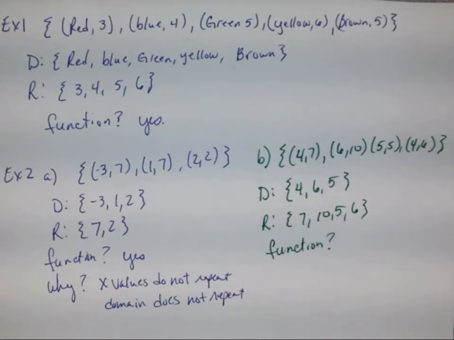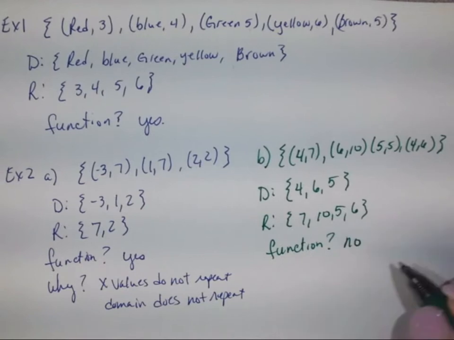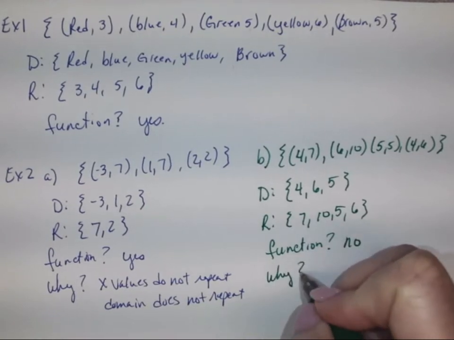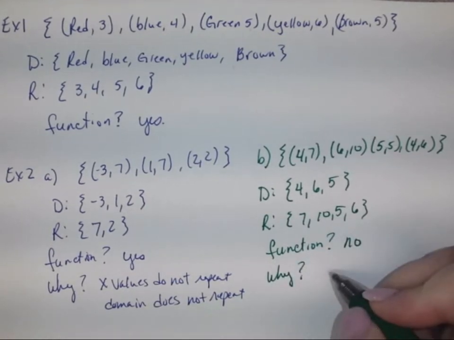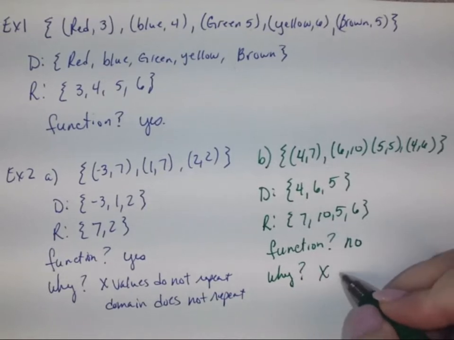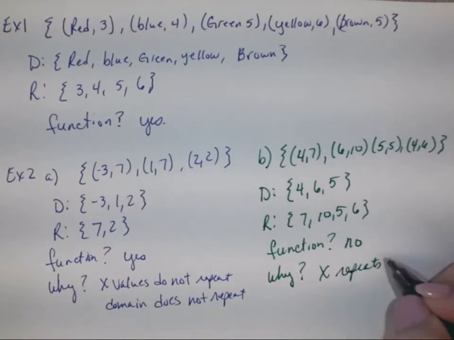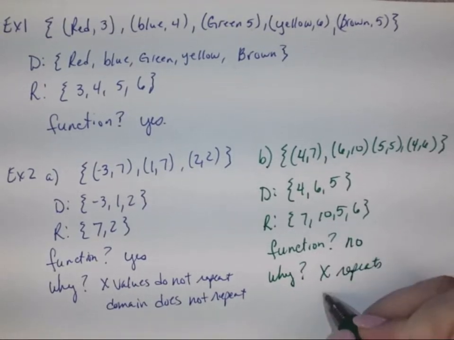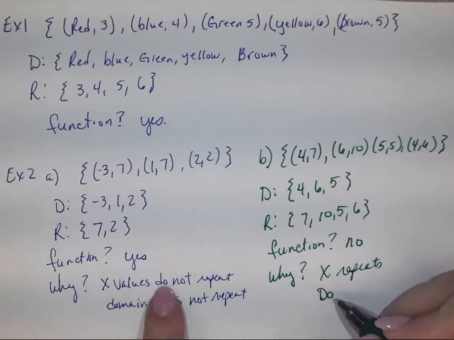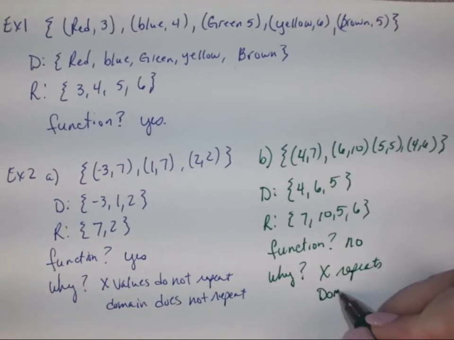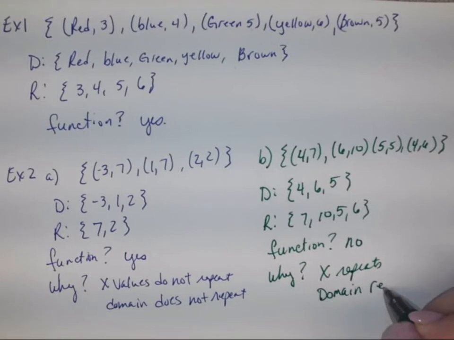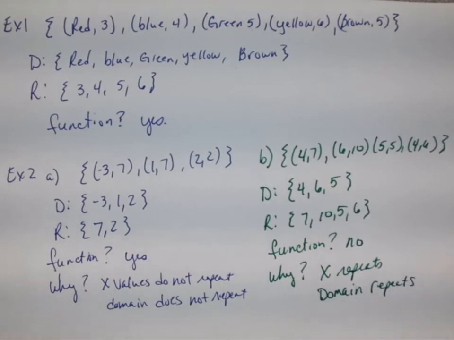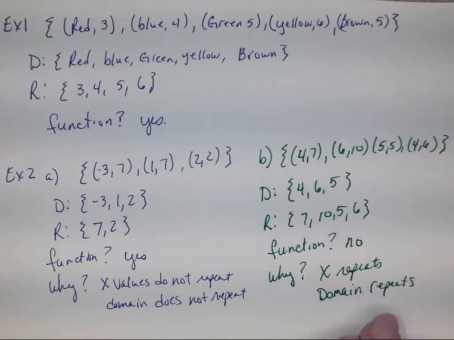We don't know which one. So this would be a no. And the why would be that the x repeats, or the domain repeats. You don't have to write values if you don't want to. You just need to understand that the domain, that x value, that first element, repeats on this one. Here it does not.